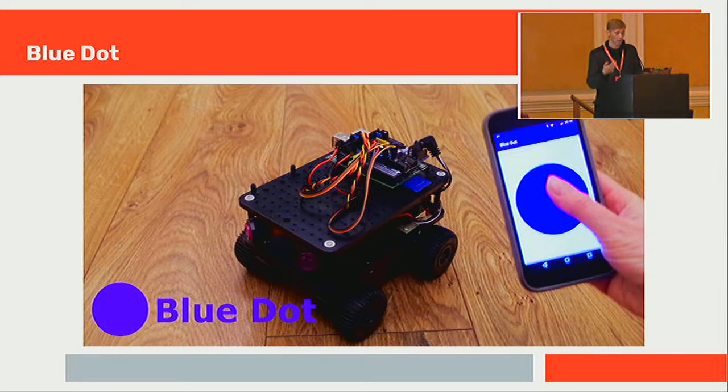The idea is you have an app on your Android phone, and it comes up with a big blue dot on the screen, and you pair it with your Pi over Bluetooth, and you can receive button presses from it remotely. So you could control a device like an LED or a robot using this big blue dot.